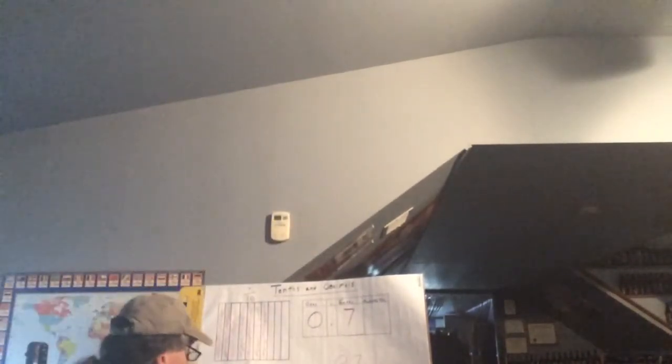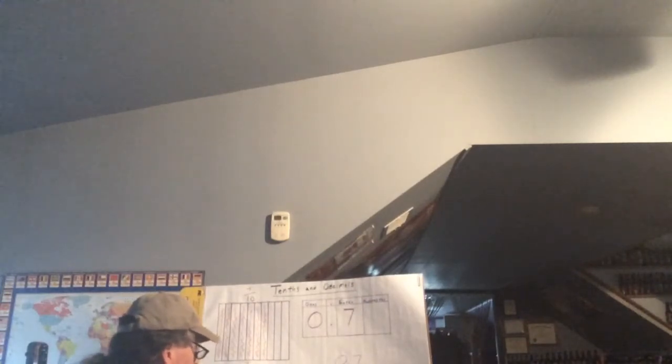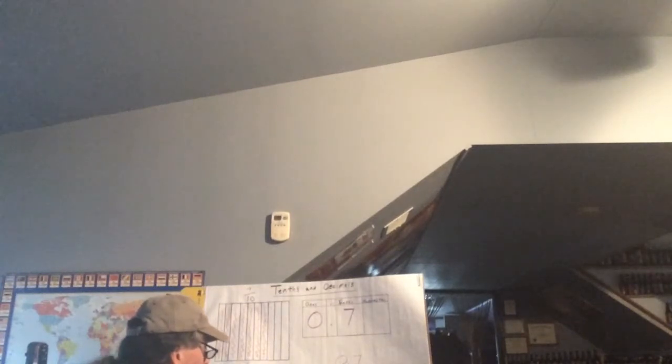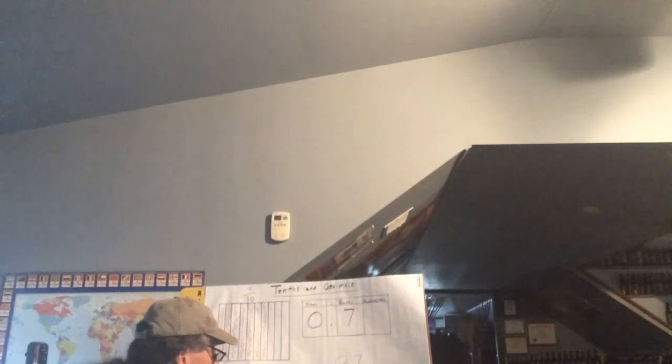So 3/10 written as a decimal would be 0.3. 4/10 written as a decimal would be 0.4. 5/10, 0.5, and so on. 6/10, 7/10, 8/10, and eventually 9/10.